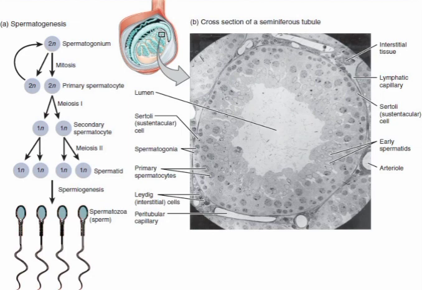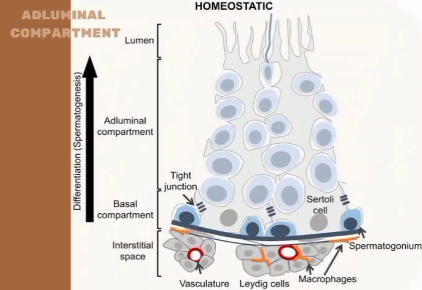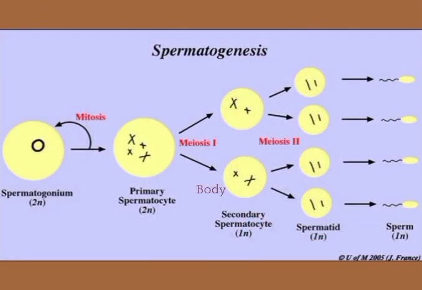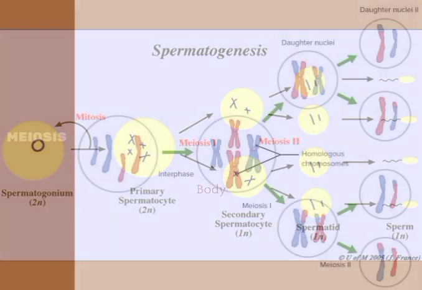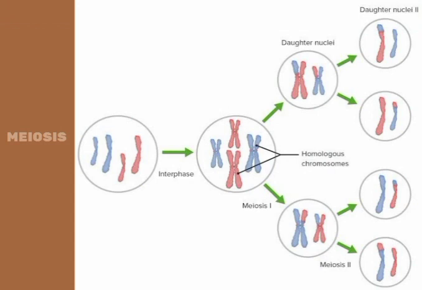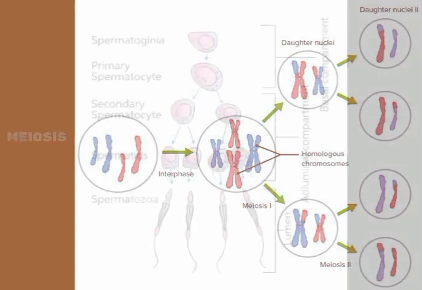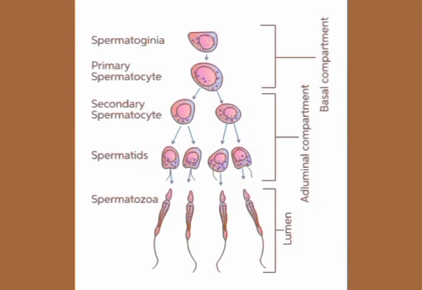B cells then move to the luminal compartment and become the primary spermatocyte. These spermatocytes then undergo a process called meiosis. Spermatocytes, which are diploid, become two haploid cells. Haploid cells contain only half of the parent cell's chromosomes. These haploid cells are called secondary spermatocytes.